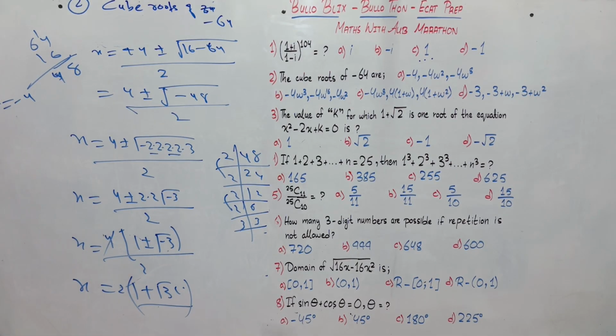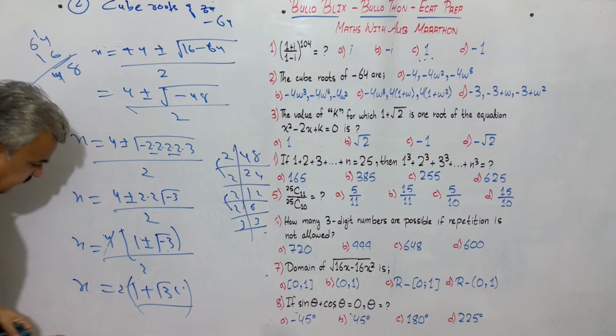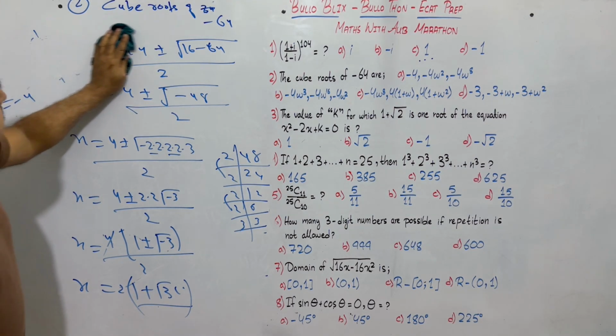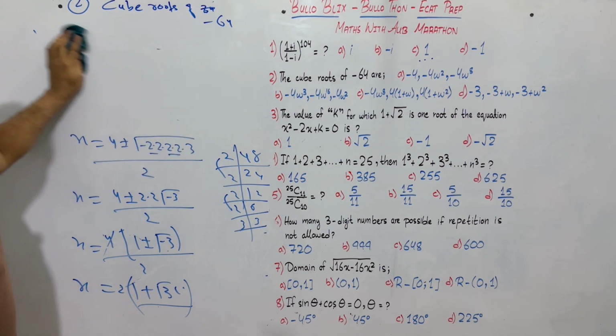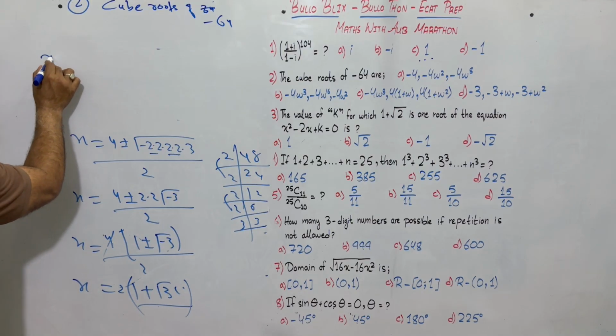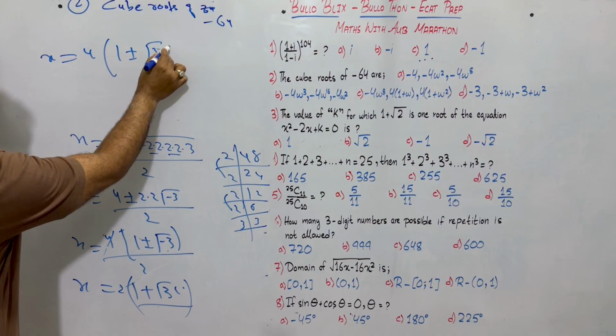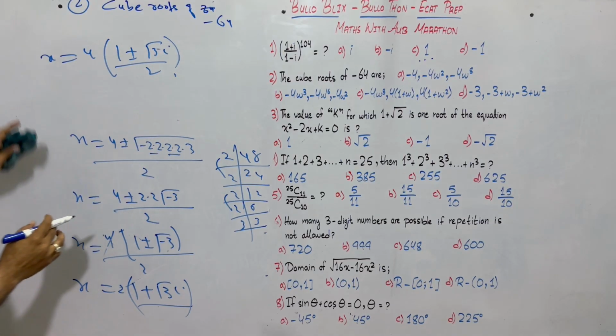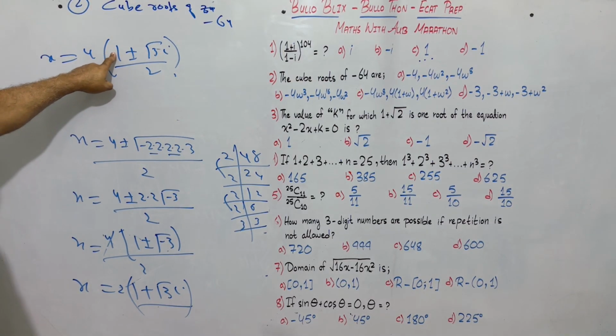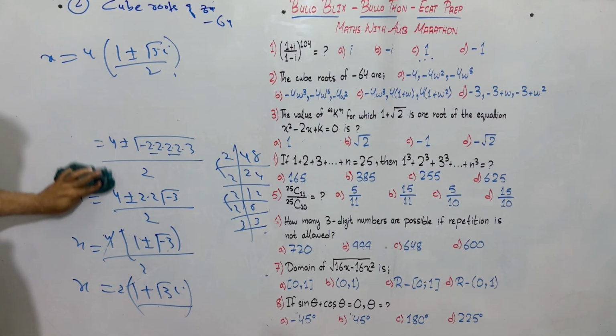Applying the table of 2, 2 to the 4, one can manage the fact from here. I can write x keeping 4 intact, 1 plus root 3 iota divided by 2, there must be a minus, in order to get a cube root of unity.